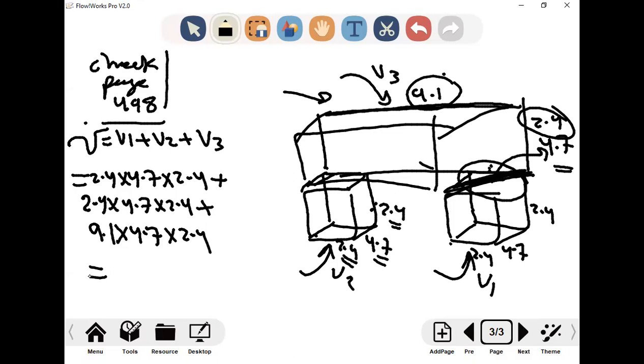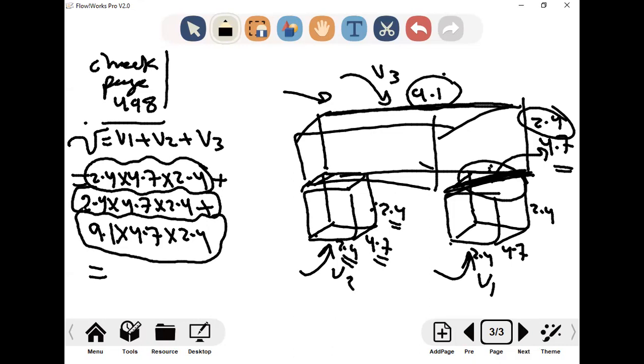Now multiply and add. This is equal to multiply and add. You have 3 parts here. This part 1 plus part 2 plus part 3. Okay?